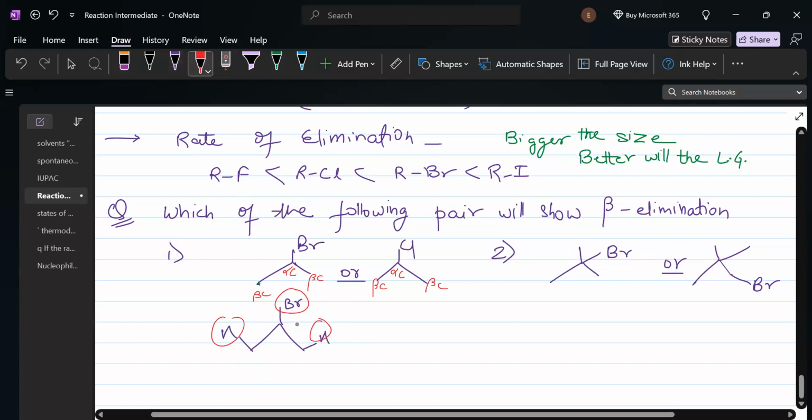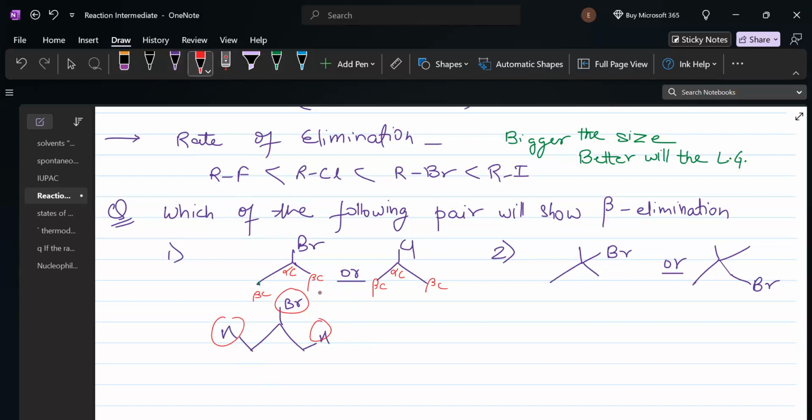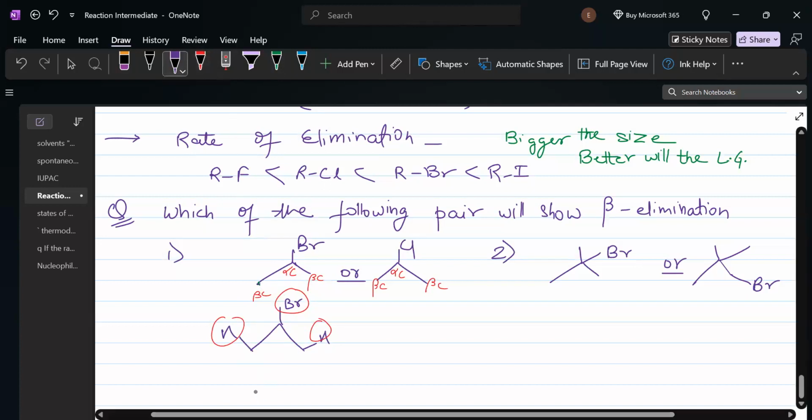We can eliminate here also and here also. Since this compound is symmetrical, we don't have to worry about it, right? So finally we will get this compound, the bromine will go and we will get this, or this.